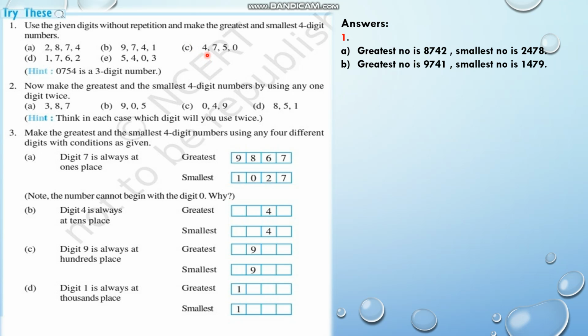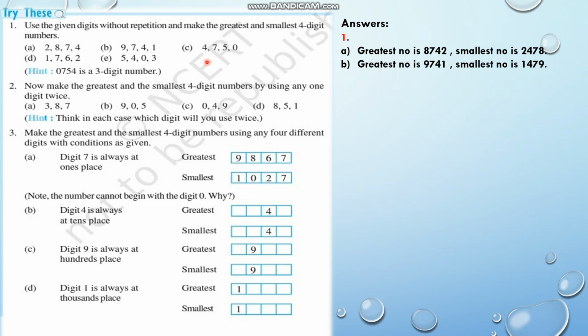Here it is 4750. Okay, here you have to remember one thing: the number 0 is coming. When you are making the smallest number, we cannot write 0 in the first position. 0 is the smallest digit here, but we can't put it first, because then the number will become a 3-digit number.